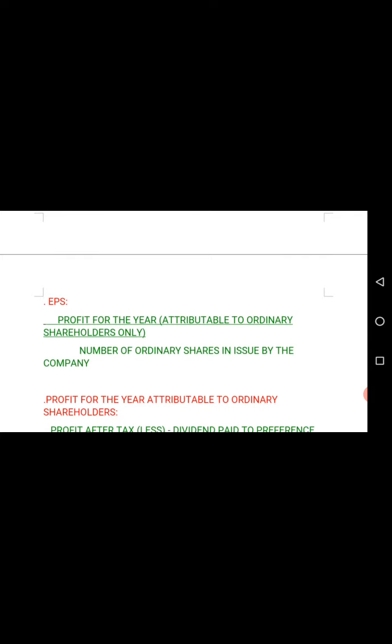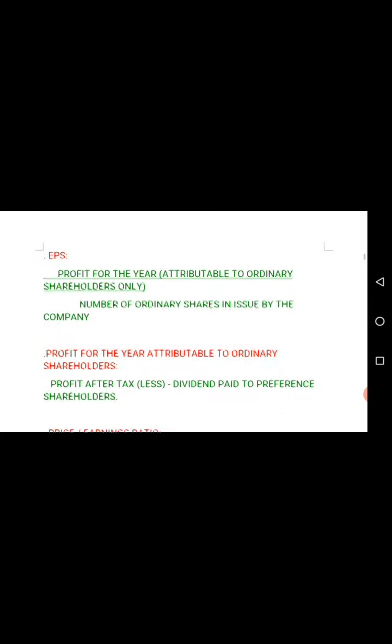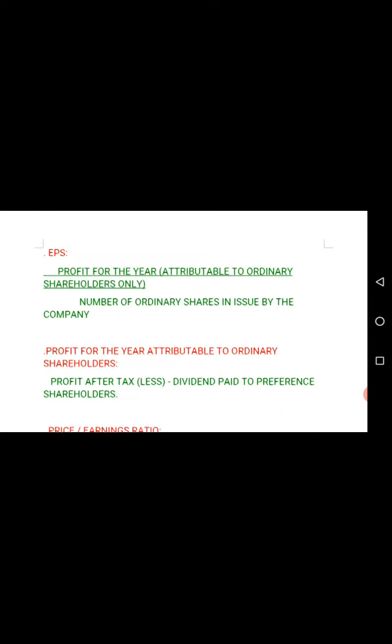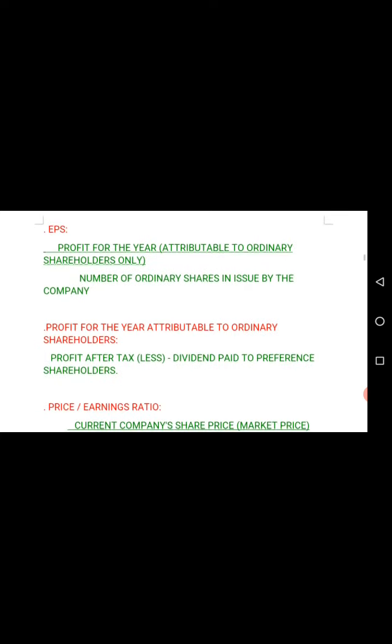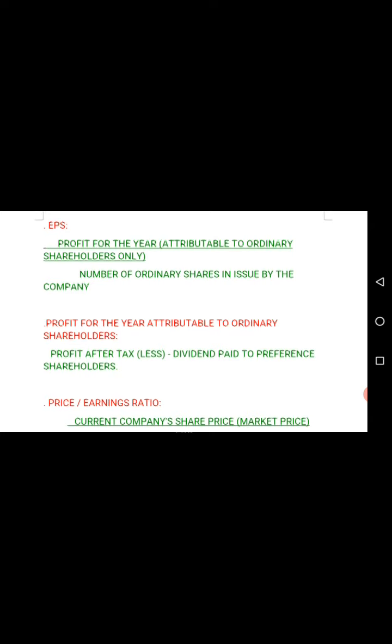Then this is divided by the number of ordinary shares in issue, the number of ordinary shares that the company has issued and is in existence. Now, as we said before, the profit for the year attributable to ordinary shareholders is profit after tax less dividend paid to preference shareholders.